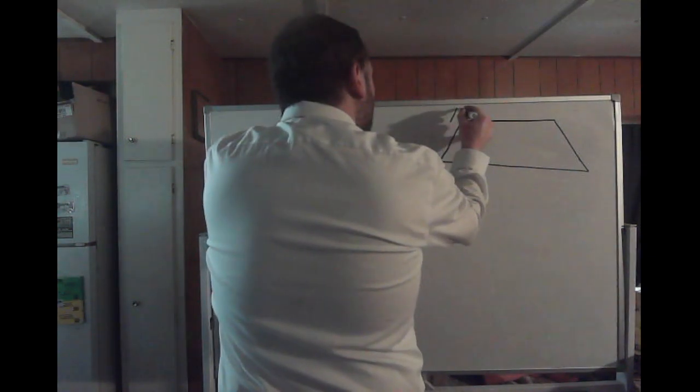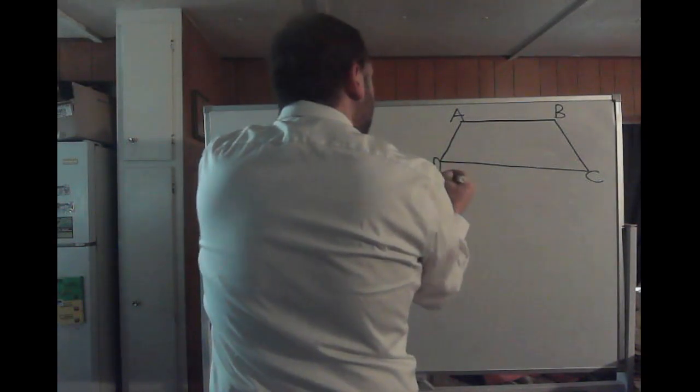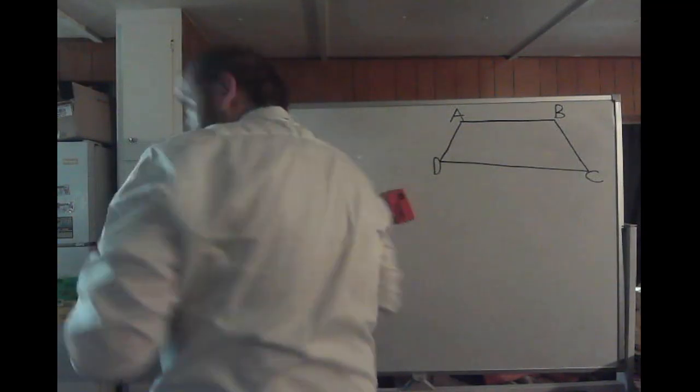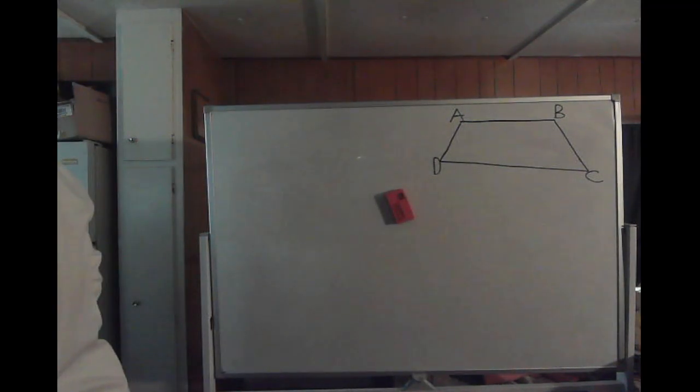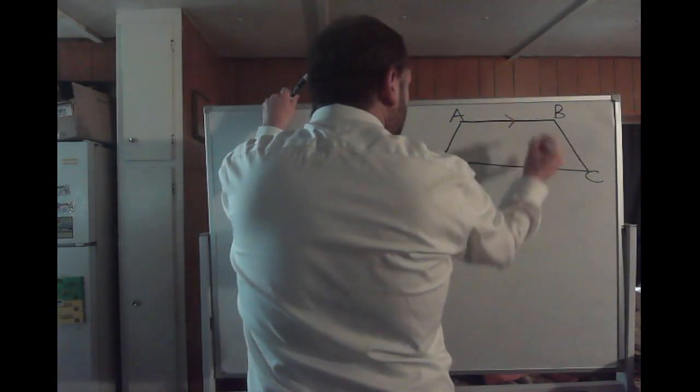All right. Well, once again, we'll call this trapezoid A, B, C, and D. So what are we given here? Of course, we got to put the parallel markers since it's a trapezoid. That means AB would be parallel to CD.